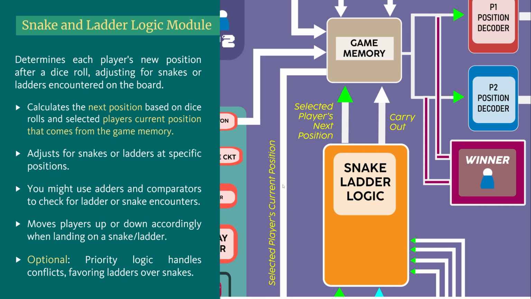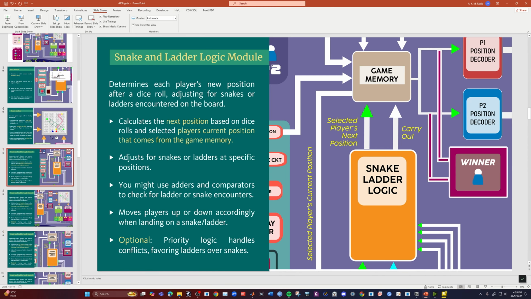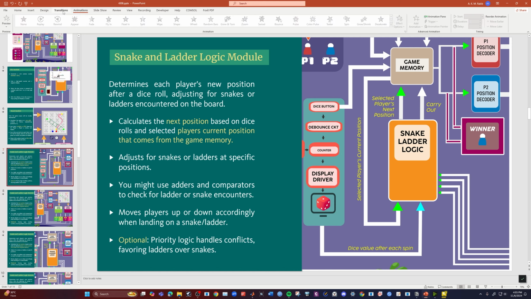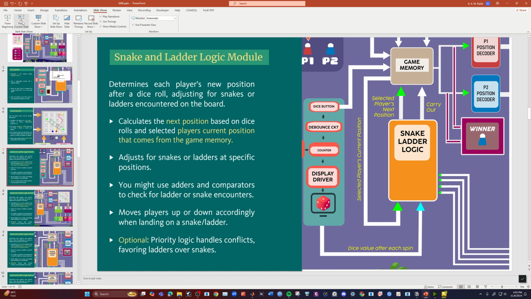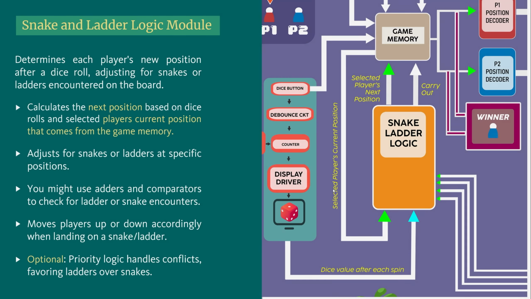And the output is, you can see, the selected player's next position. The selected player's current position from the game memory comes into the snake ladder logic, and also the dice value after each spin.